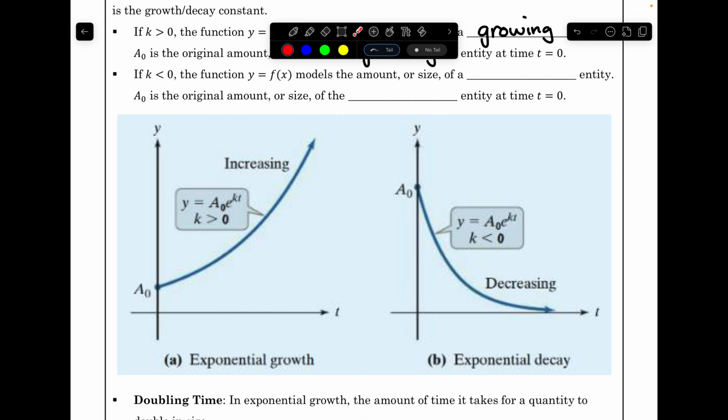Now recall that these exponential functions have a horizontal asymptote. So these things are never going to go below 0. They're going to get as close as possible to 0 without ever equaling 0, and never becoming a negative number. So when we're evaluating this, we should never end up with a number less than 0 when we plug in a specific value for t.